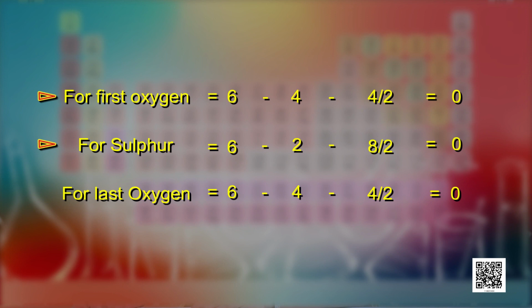So, that goes 8 divided by 2. So, the total is 0. And putting this in the formula, what do we get? 6 minus 2, minus 8 divided by 2, is 0 charge. And lastly, the last oxygen. Now, here it is 6 valence electrons minus 4 non-bonding electrons minus 4 bonding electrons divided by 2. So, that makes 0 again.